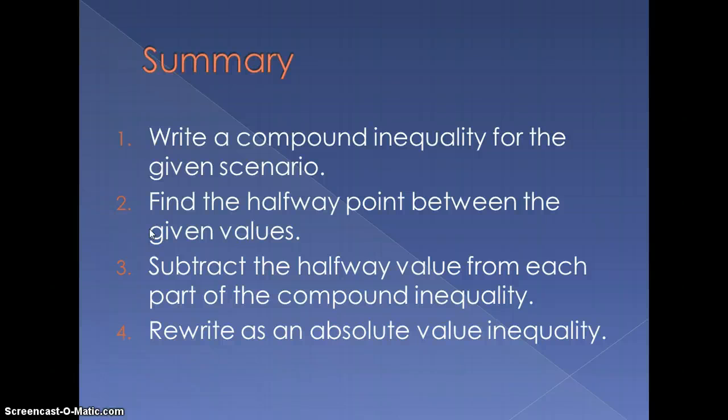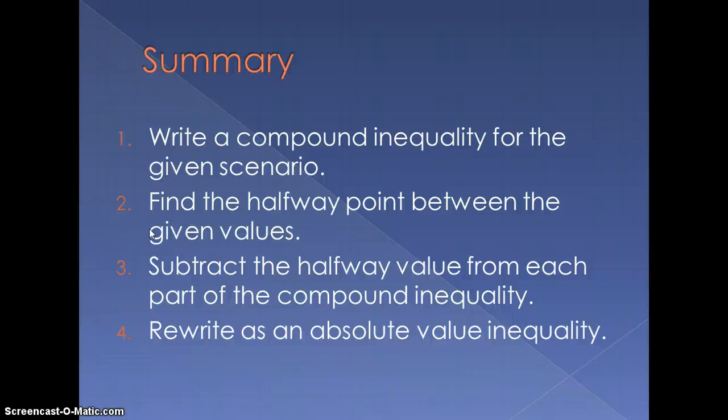For our final summary, you might want to write these steps down. It's the process we'll take. These will take some more practice, but this will give us the steps we need for each practice problem. We start by writing a compound inequality for the given scenario, which looks like the answer to some of our old problems.